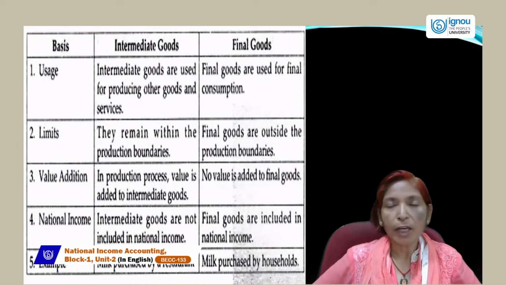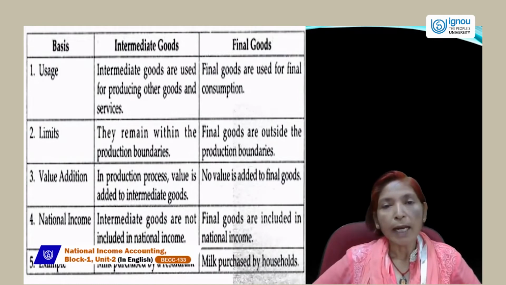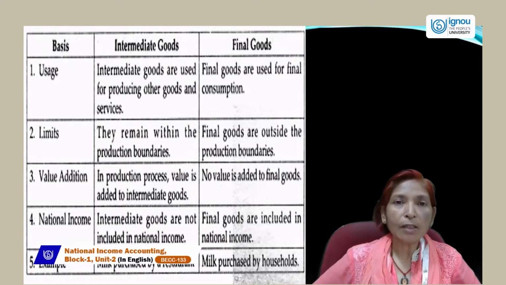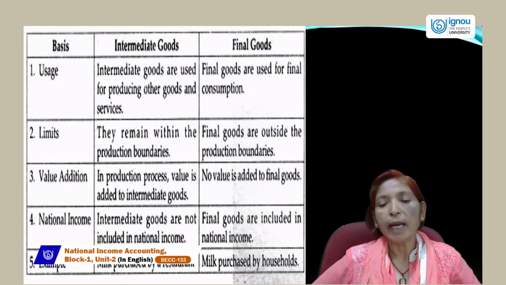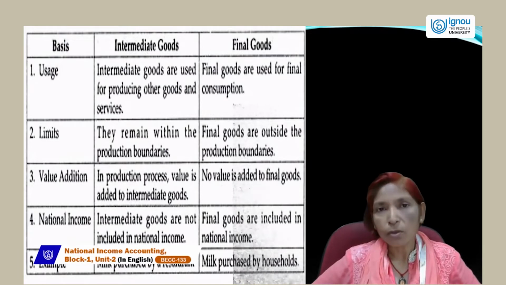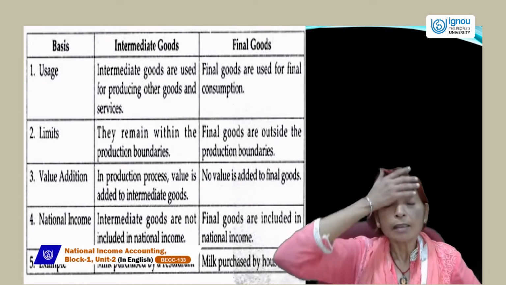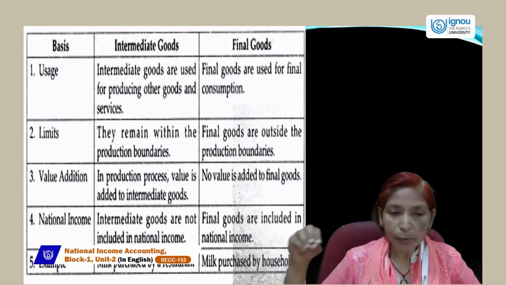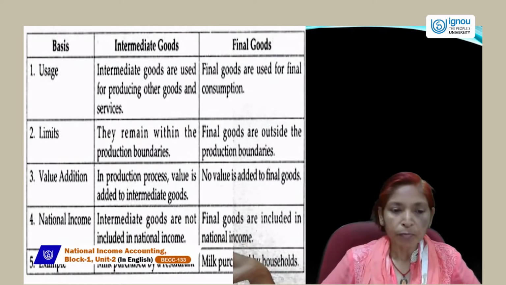If we are making biscuit from maida, then maida is an intermediate good and biscuit is a final good. If a final good is ready, then no value can be added to it. But in the production process, the raw material's value can increase. So in the production process, value is added to intermediate goods.